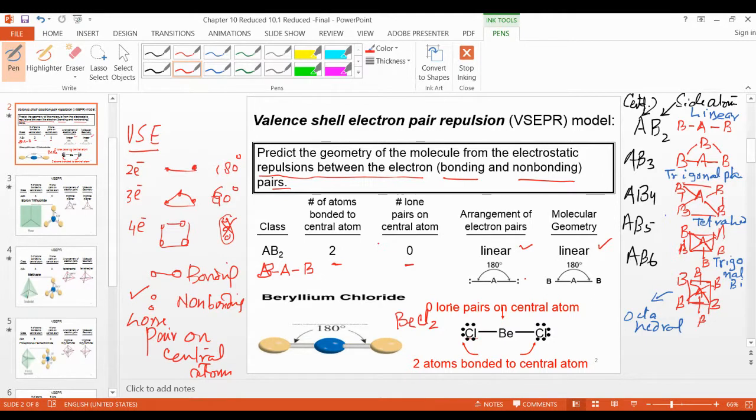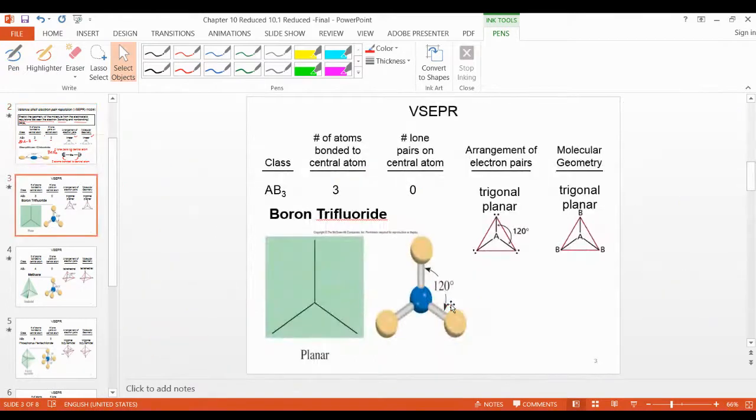If it doesn't have a lone pair of electrons, the geometry will be different. So how do you write the Lewis structure of BeCl2? There are 5 points I told you in the last class.